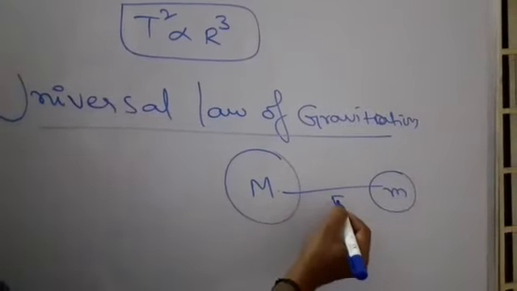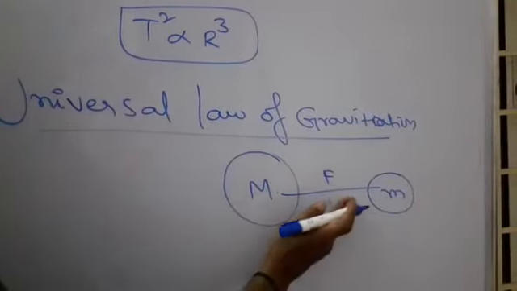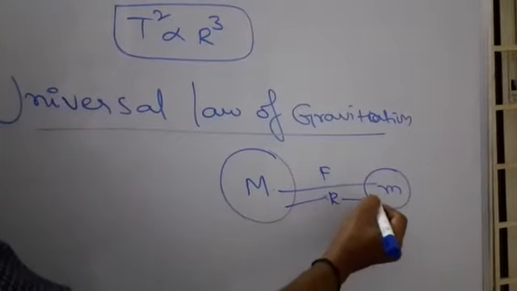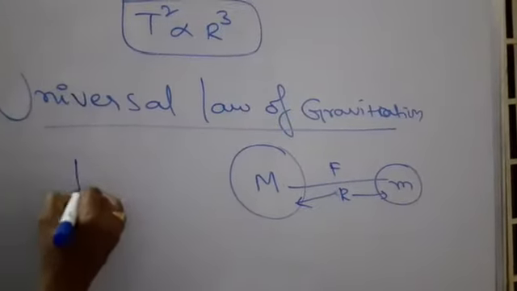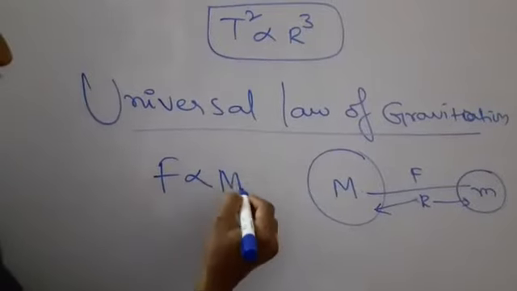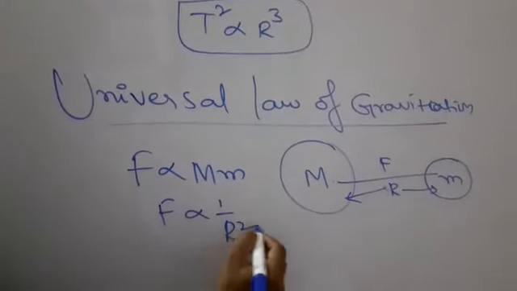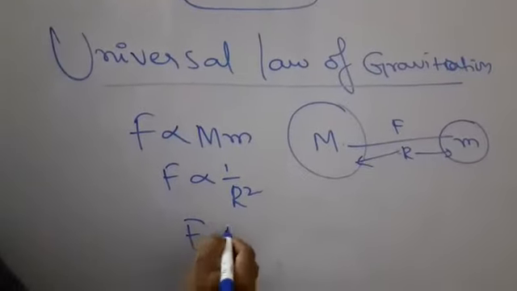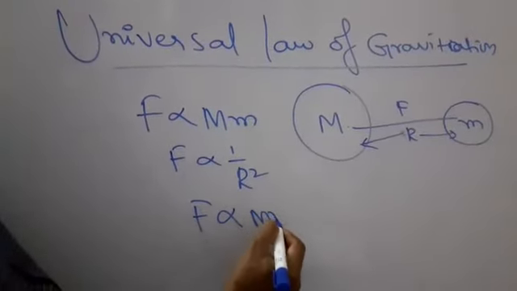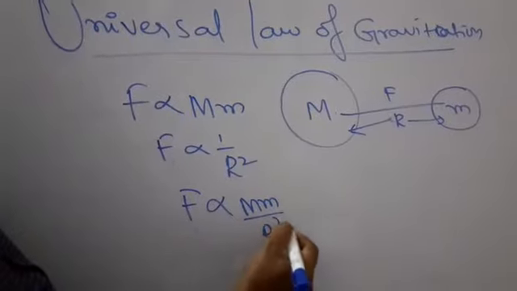The gravitational force of attraction between them is F. They are separated by a distance r in space. Force is directly proportional to the product of their masses and inversely proportional to the square of the distance between them, proportional to m1 m2 by r square.